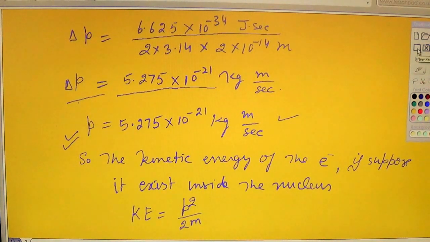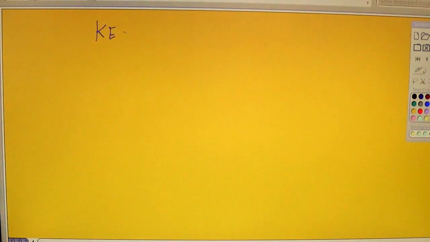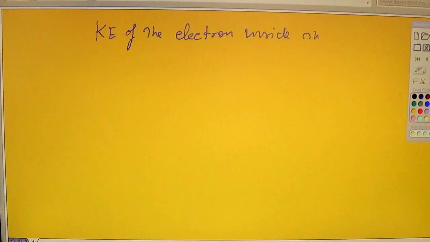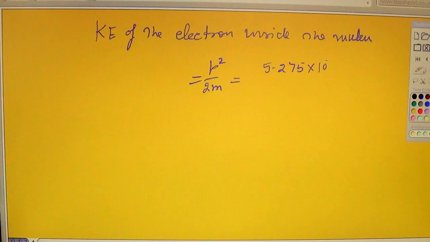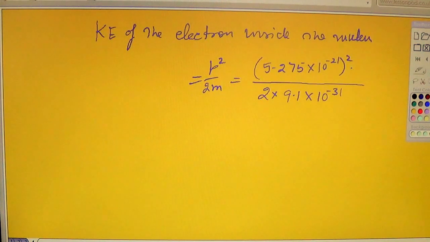Now by putting in this value of P, the kinetic energy of the electron inside the nucleus will be equal to P square upon 2m, where P is 5.275 into 10 raised to the power minus 21 kilogram meter per second, squared, divided by 2 into the mass of the electron, 9.1 into 10 raised to the power minus 31 kilogram. This comes in joule.